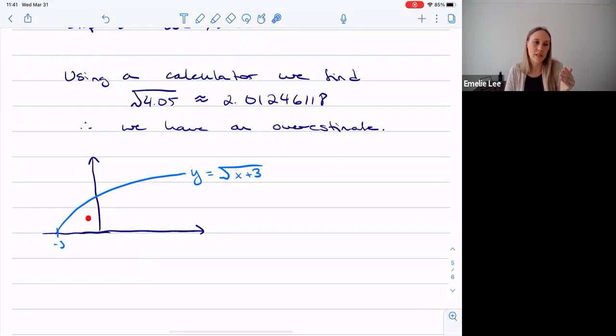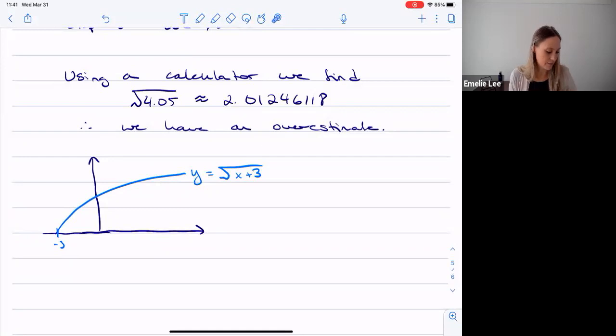There's no point that it would ever be underneath, because the graph is going to slightly increase and bow out like this. So if we know what the graph is going to look like, then we can convince ourselves that an overestimate makes sense.